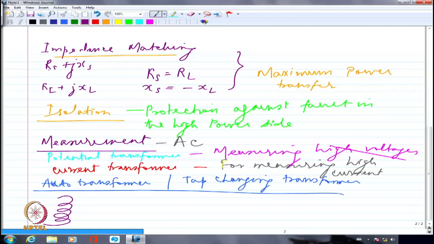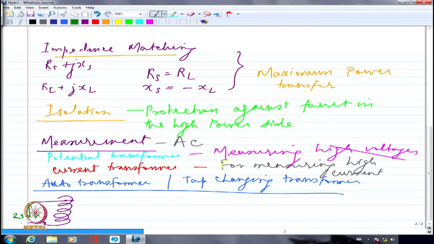I am not showing the core right now. If there are 1000 turns, I may actually supply the voltage only until 980 turns. So what I am connecting is only to lesser number of turns than what is the total number of turns that are available in my transformer. Maybe I am connecting 230 volts here.